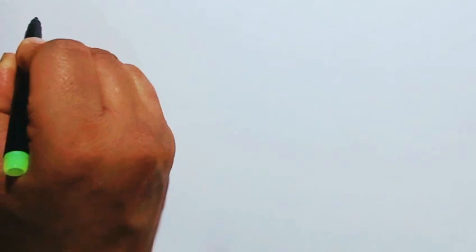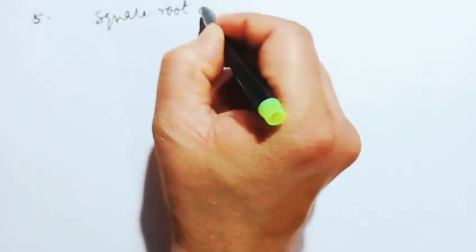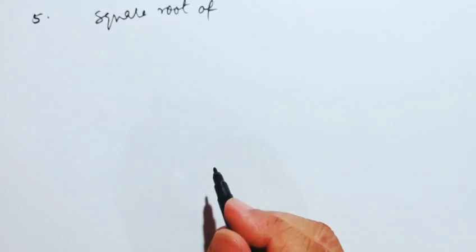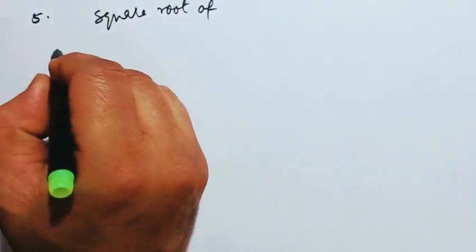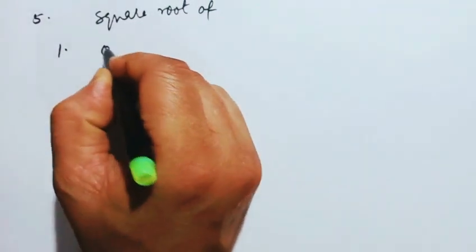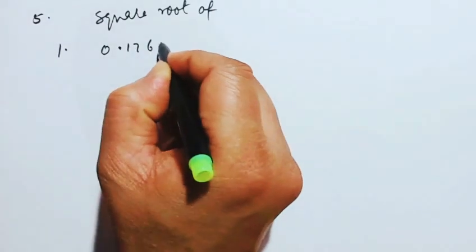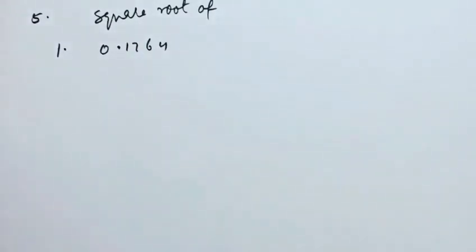Come to number 5. Find the square root of... Now see, square root of, and you know what they have given you over here? They have given you a decimal number, 0.1764.